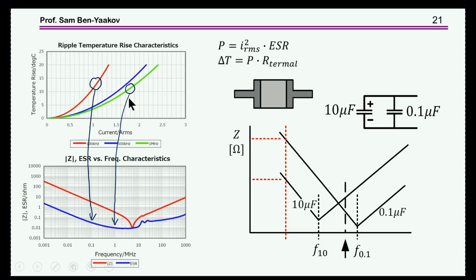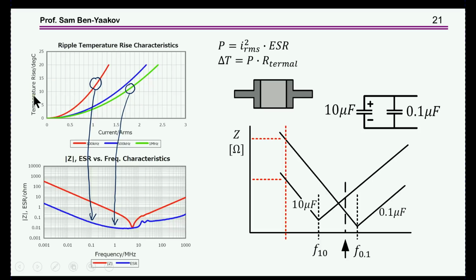Again, missing here is what is the pad that they are talking about. That is how much copper is below the capacitor, because this copper acts like a heatsink, and this is not specified, so one has to be careful here.